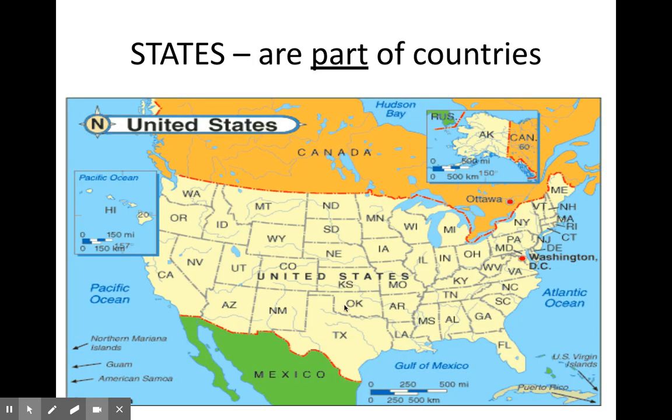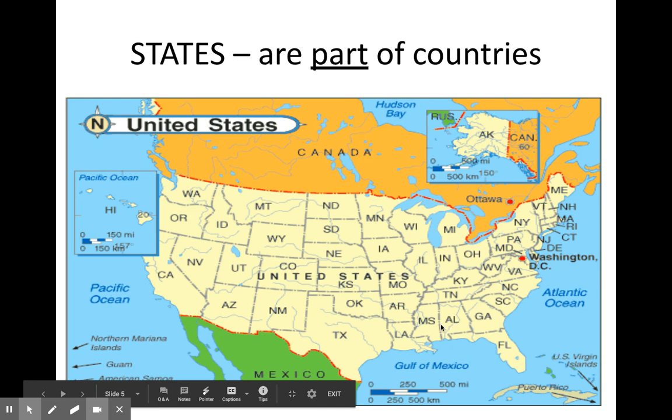States are part of the country. Of course, Alabama's here, and we're going to focus in on the 13 colonies right here, and the Mississippi River is right in here. So everything east of the Mississippi are things that we're going to focus in on this year. Then next year, you'll really get into the western states.